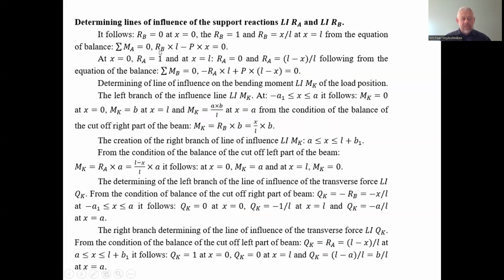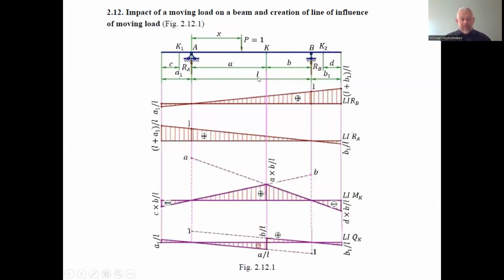Two forces rotate the beam. The first force is the reaction RB by the arm L, and the other is the unit force P by the arm x. So we have arm L of the application of the reaction in support B relative to the reference point A, and x as the arm of the point of application of the moving load.